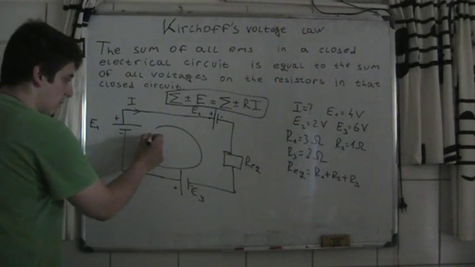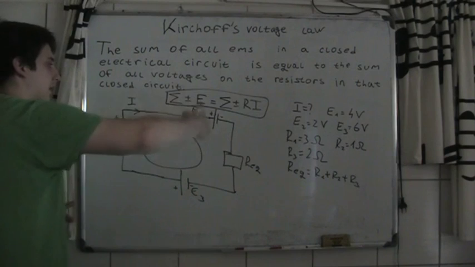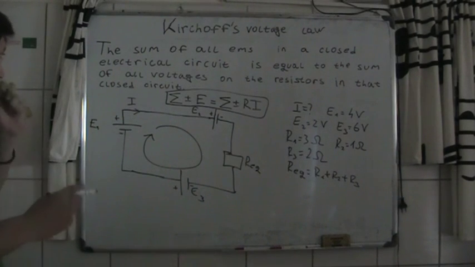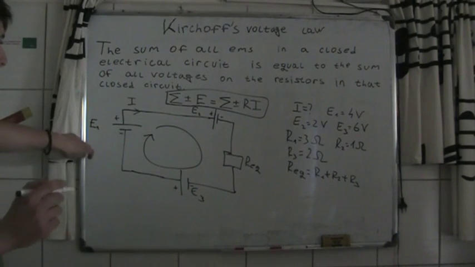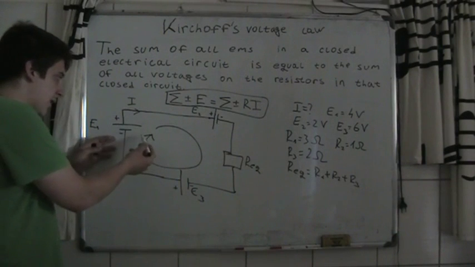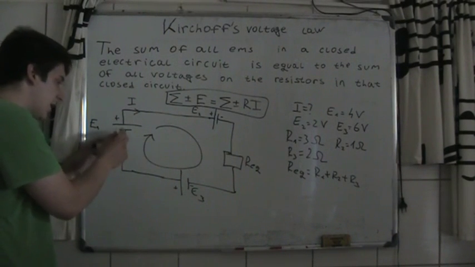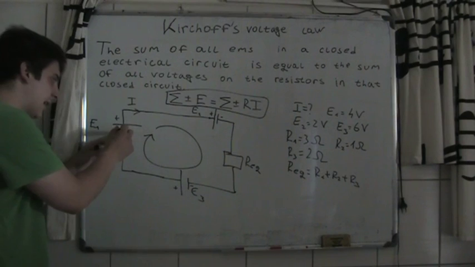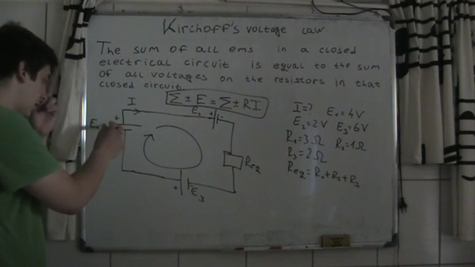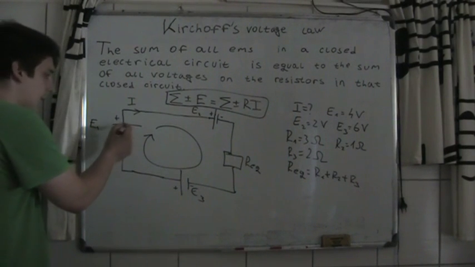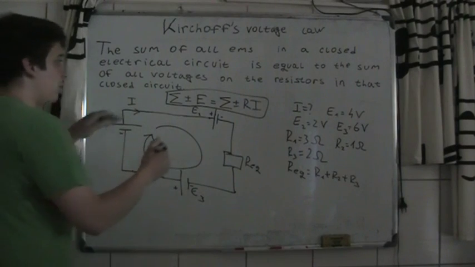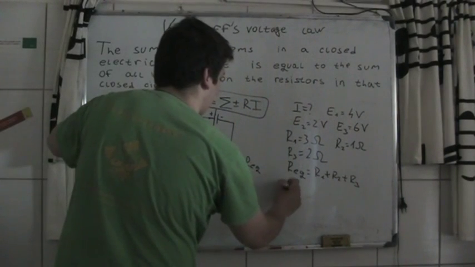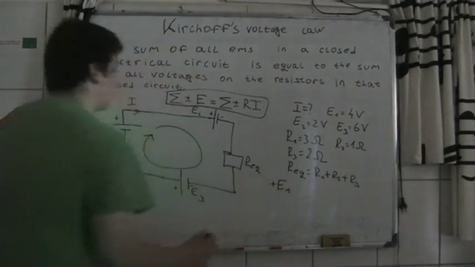First, we are going to go in this direction, clockwise. If the direction comes into the minus sign of the EMF on the battery, you put plus E1.